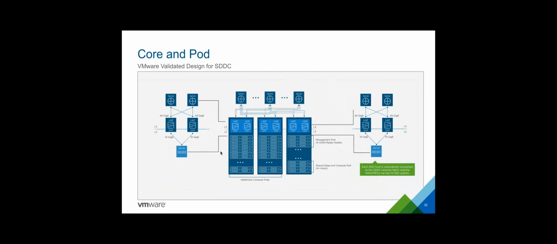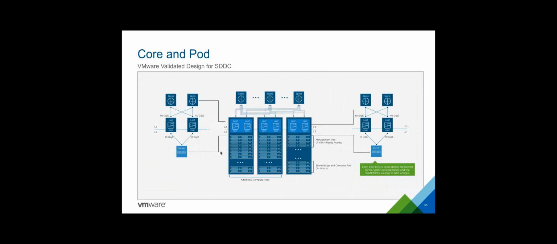One thing that's really not represented here is that the management stack and the initial shared edge, sitting in the rack on the right, are going to have connectivity up beyond that spine out to your border gateways. So they can have ingress and egress to your WAN, your LAN, the internet, or whatever your network infrastructure is. But those on the far side are solely for compute. They should literally just be connected to your SDDC fabric.